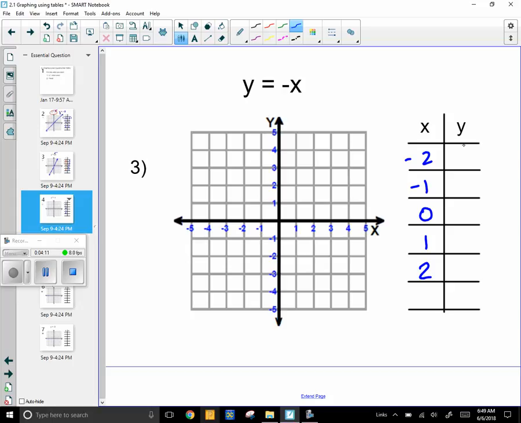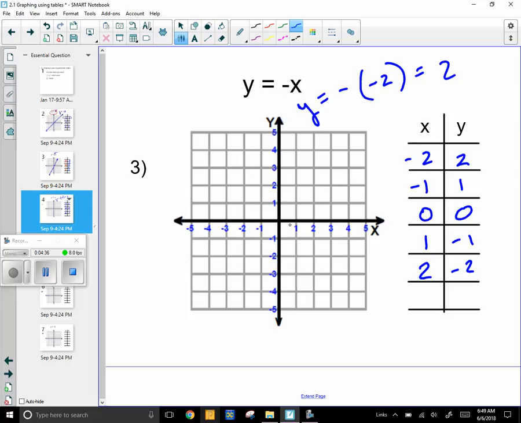So -2 becomes +2, and y equals +2 for the first one. We keep doing that all the way down. -0 is still 0. When I plug in 1, it's -1, and when I plug in 2, it's -2.